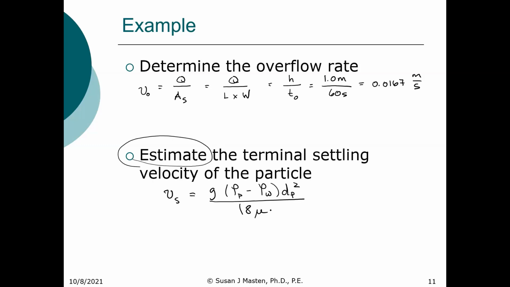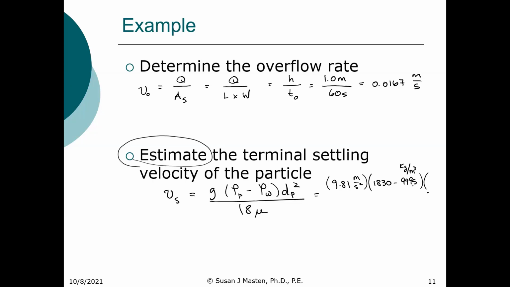This is the same approach we will also use in filtration for head loss calculations. So the same sort of iterative approach. Substituting, we have 9.81 meters per second squared times 1830 minus 999.5 kilograms per meter cubed, times the diameter of the particle.